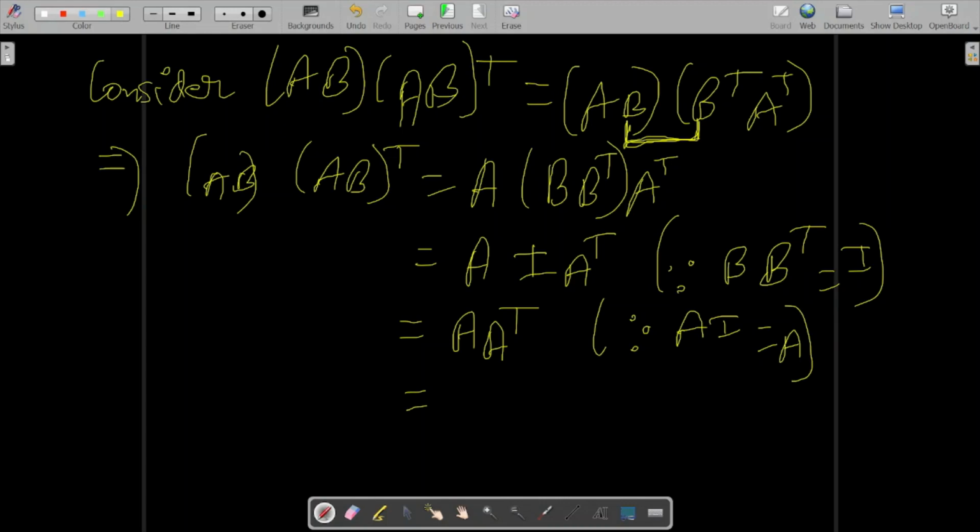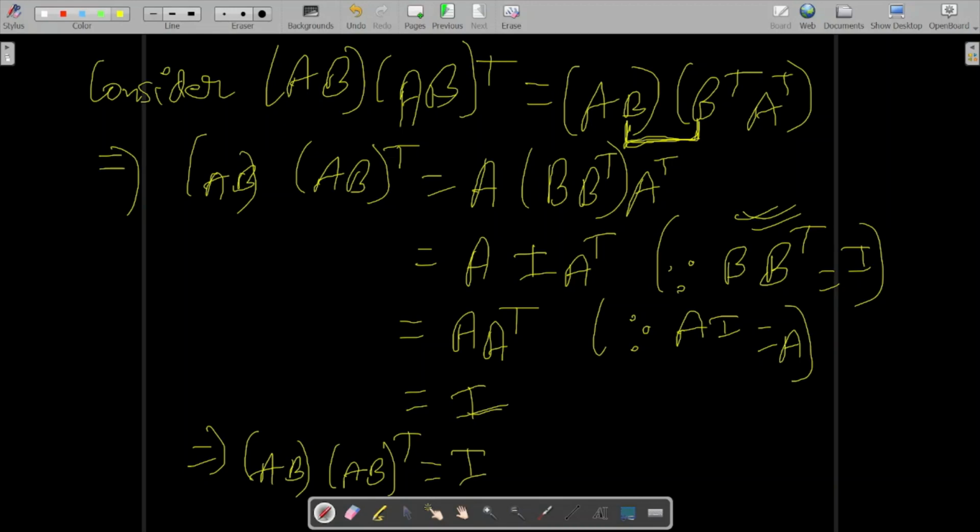Now again, by this same property, this comes out to be equal to I, right? So that implies AB transpose is equal to I.